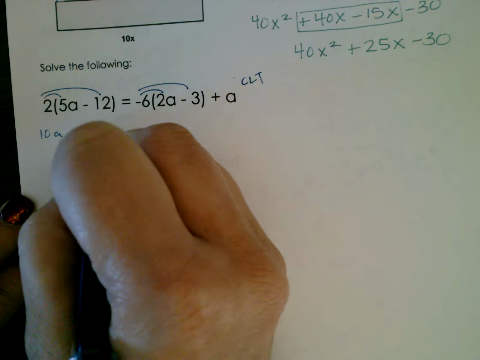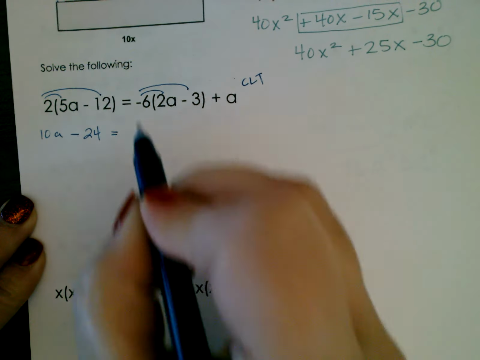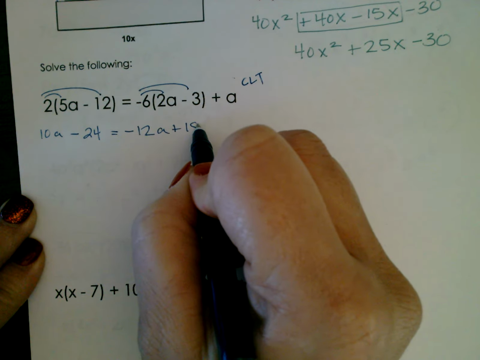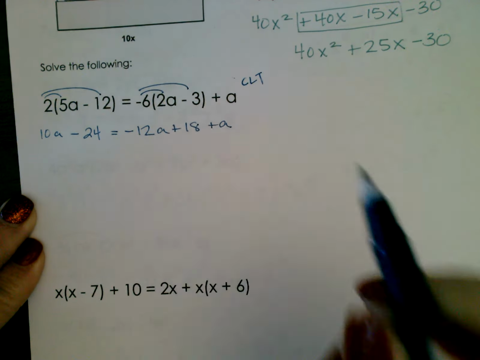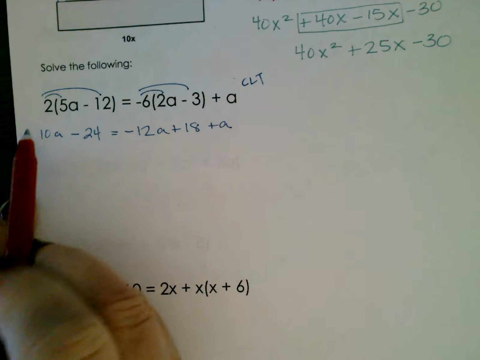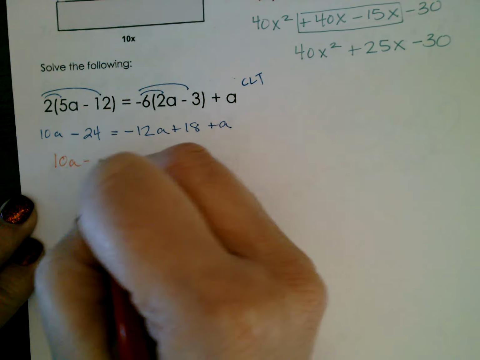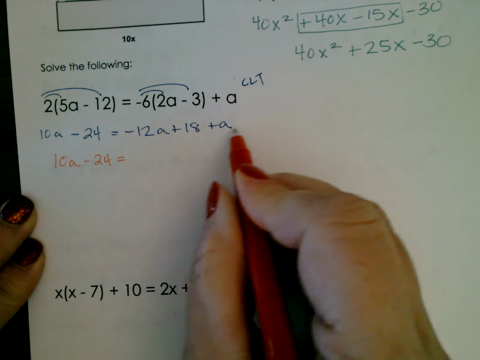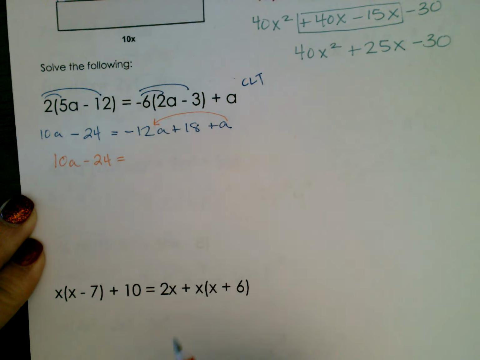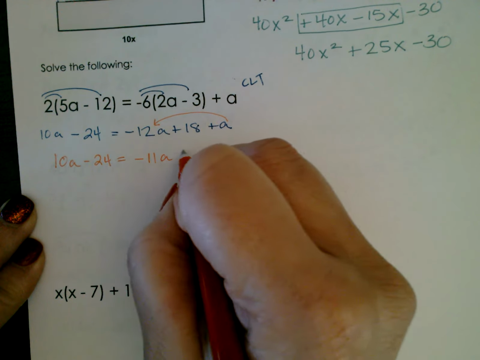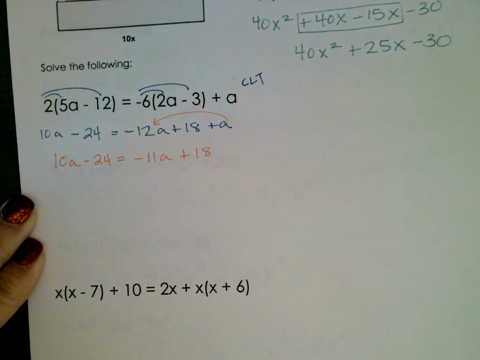So 10a minus 24 equals negative 12a plus 18 plus a. There is nothing for me to combine here, so I'll just rewrite it down. I have 1 positive a and 12 negatives, so I get negative 11a plus 18.